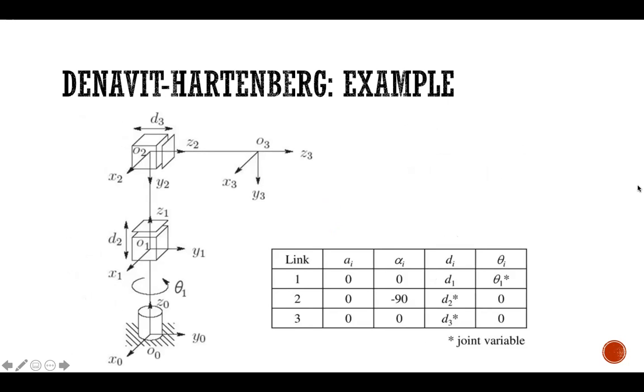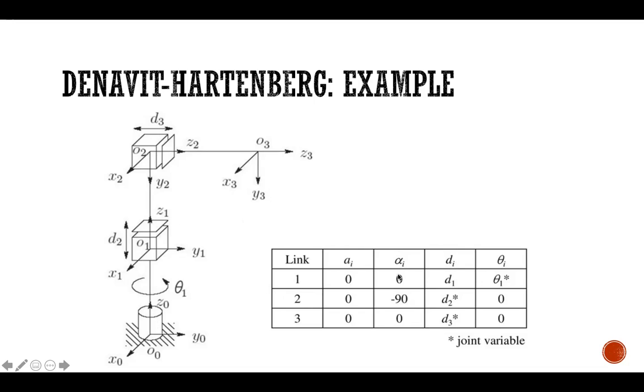Finally, we need to define the table of parameters for the Denavit-Hartenberg. Starting from the first joint, we see that the segment a_i should be 0, as we can understand, because there isn't any distance between the two z-axes, z0 and z1.